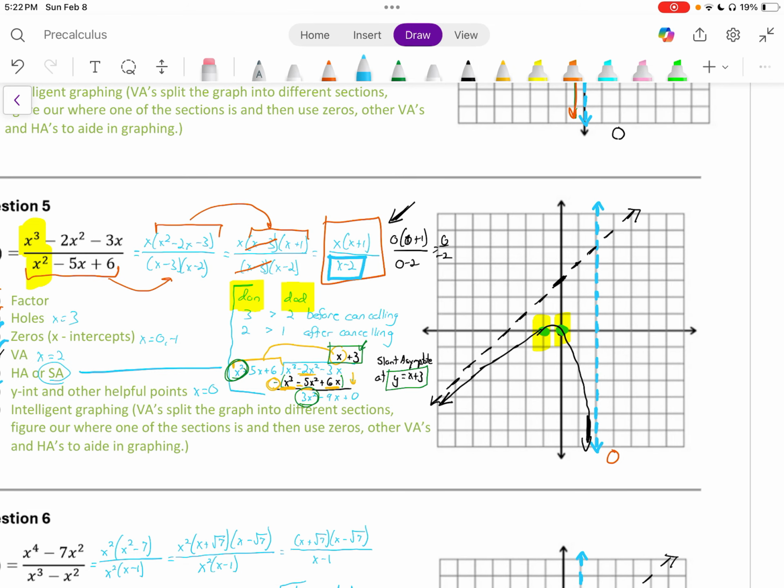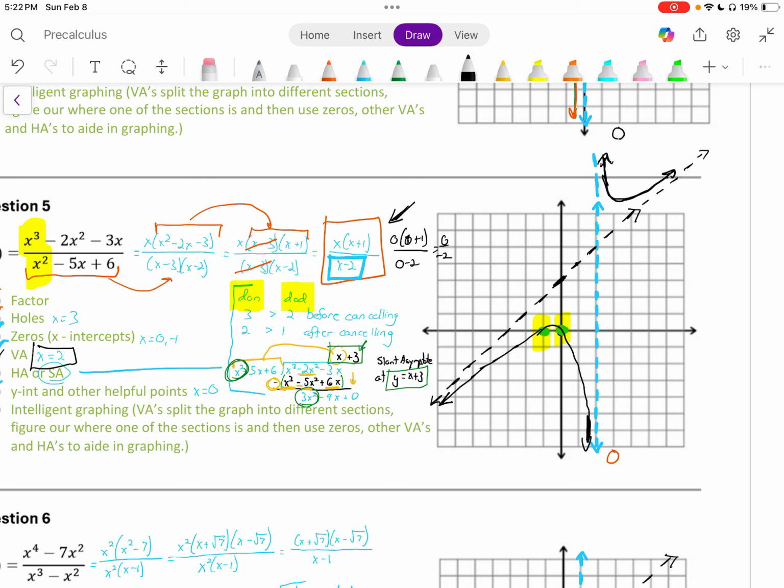So let's say we continued our vertical asymptote a bit, continued the slant asymptote, and the other section of our graph would be up here, which also, just for double checking, matches the idea of this asymptote here. Came from x equals 2, which was multiplicity 1, which is odd, so they have to go in opposite directions.